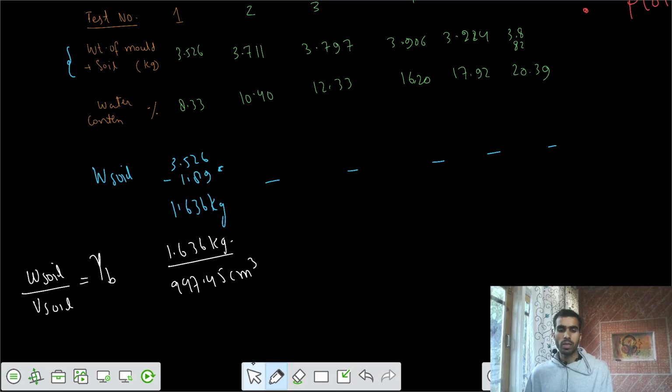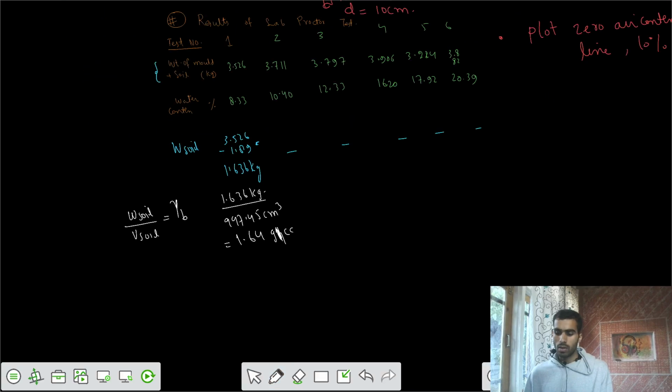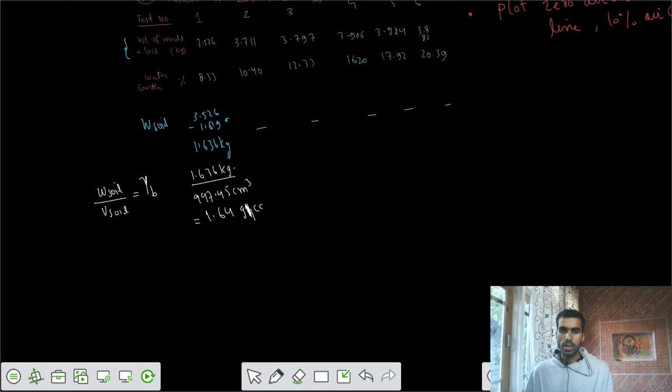That would give me some value of gamma bulk, in terms of grams, that is 1.64 grams per centimeter cube. Let's say that we got this gamma at that particular value, and for all other data we can calculate.